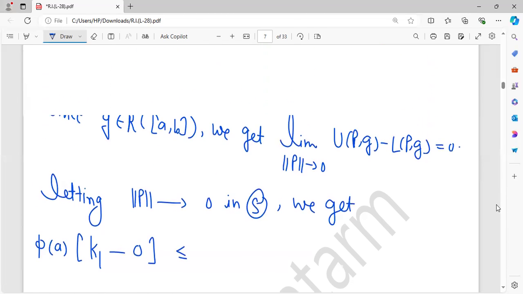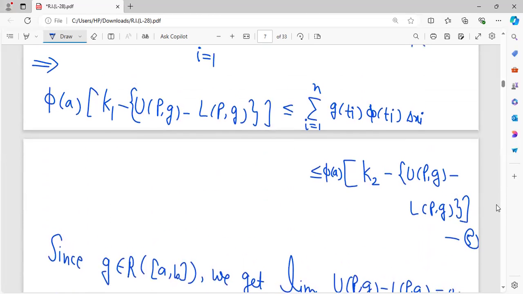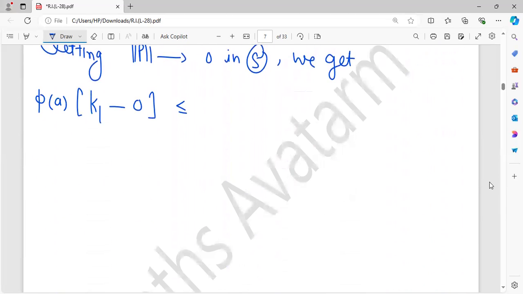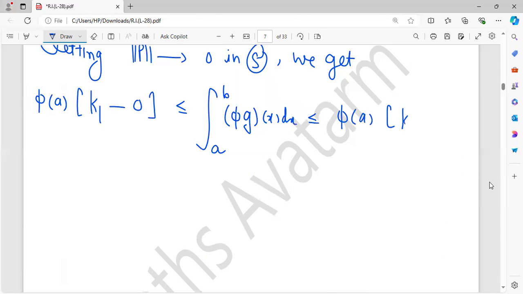The middle thing is nothing but the Riemann sum. Both the functions g and phi are Riemann integrable, so it converts to the integral from a to b of phi(x) g(x) dx, which is less than or equal to phi(a) K_2 minus 0 plus 0.